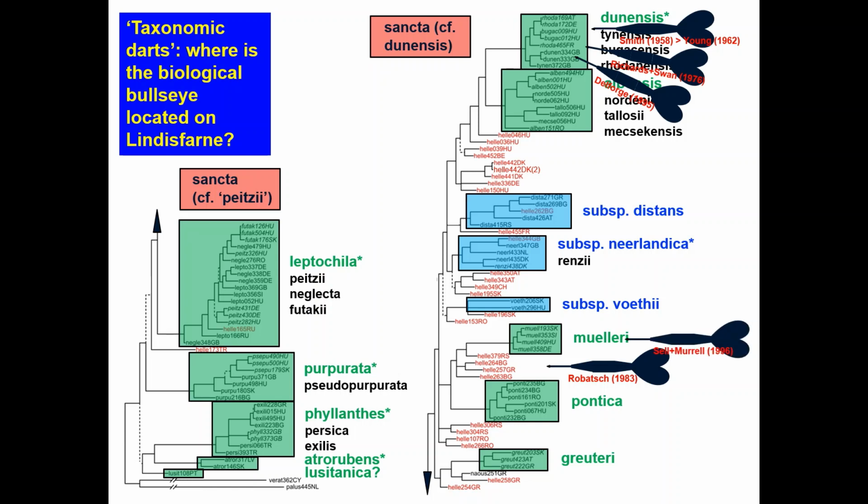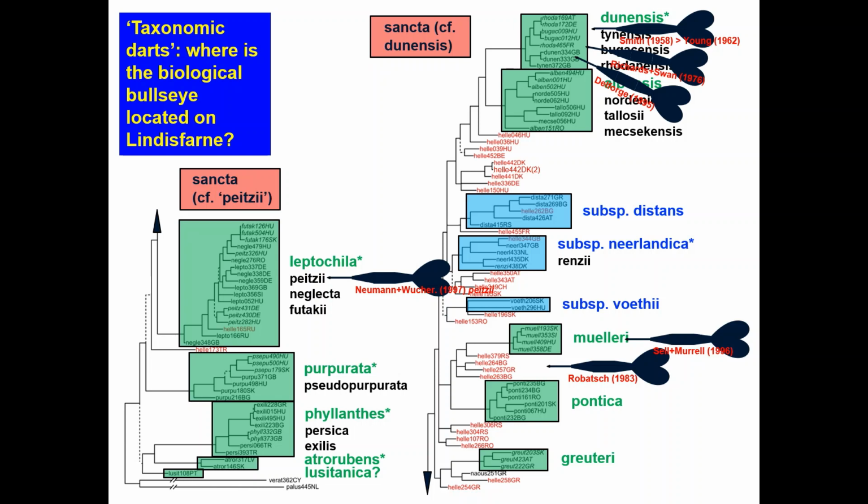Sell and Murrell in their Flora of the British Isles went back to the idea of the Lindisfarne population being continental in nature and attributed it to muelleri. Newman and Bucher-Pfennig in 1997 decided that the Lindisfarne population belonged in Epipactis peitzii, which our analysis has demonstrated is a non-existent species.